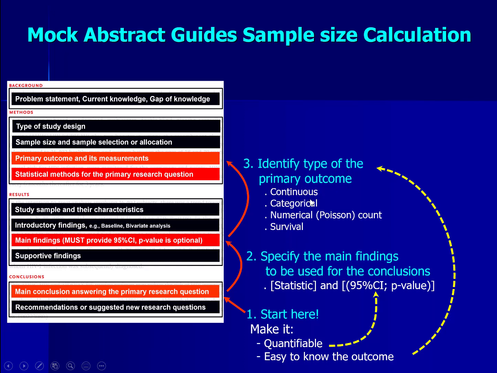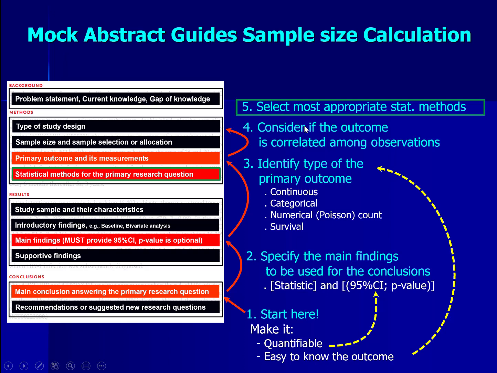It is continuous, to get the mean, and if there are two means of those who have green tea and not have green tea, we get the mean difference between the two groups, for example. And then consider whether there is any correlated outcome or not, because this will affect the method of analysis. And then select the most appropriate one.